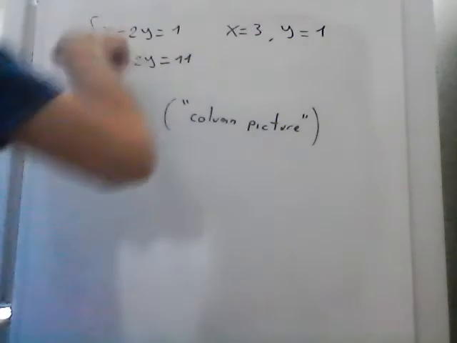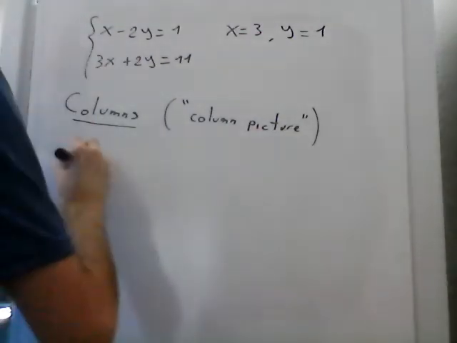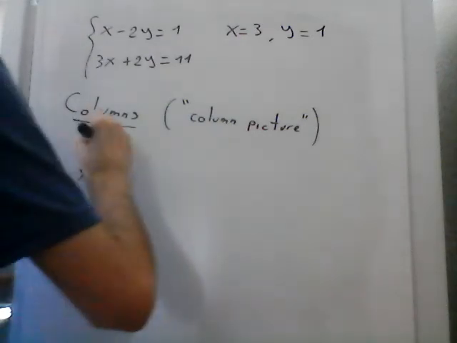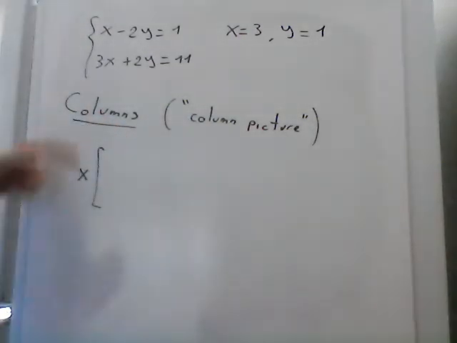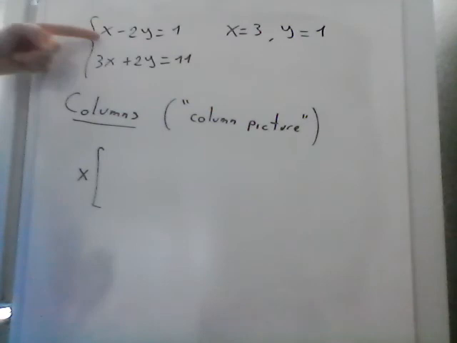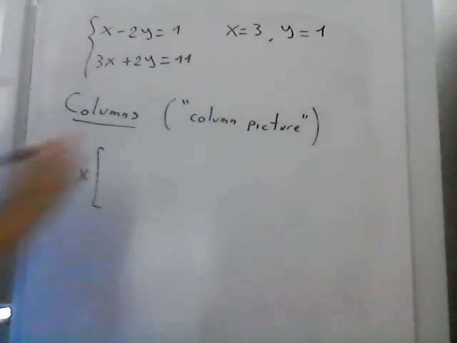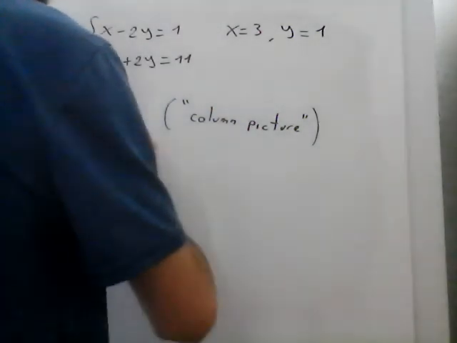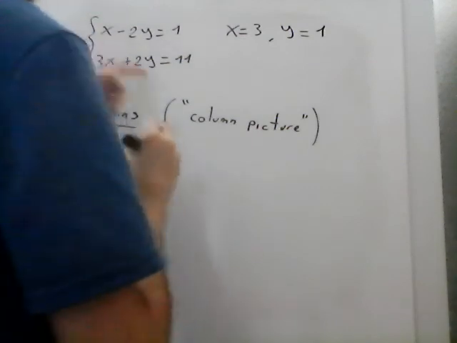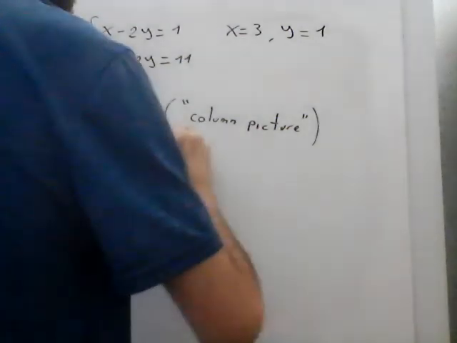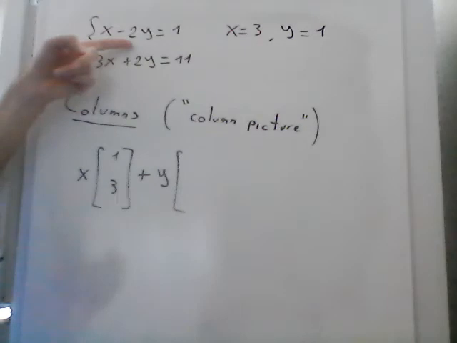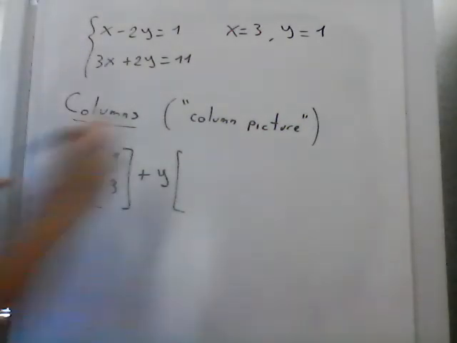So we can rewrite this system as x, which is a scalar, times the column vector given by the coefficients in front of x, so 1 and 3, plus y, which is the second scalar, times the column vector given by the coefficients in front of y, so negative 2 and 2.